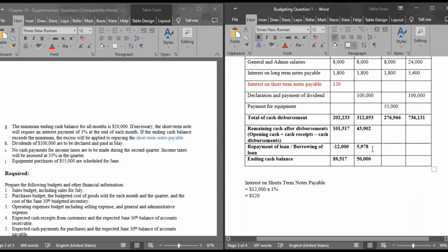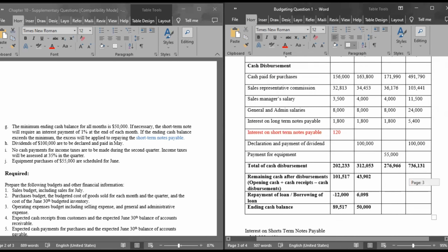Now we will take the difference between 43,902 and 50,000. This will be the borrowing of the loan: 6,098. So this amount we need to borrow.